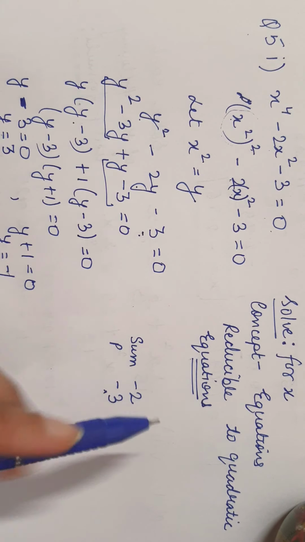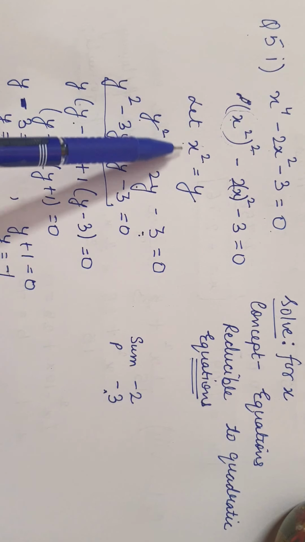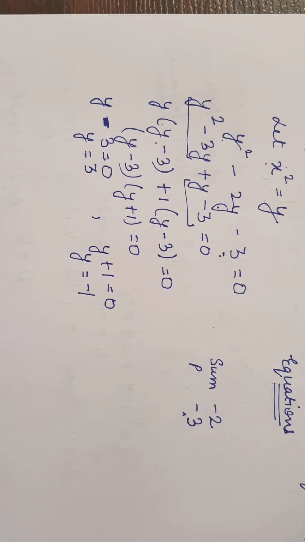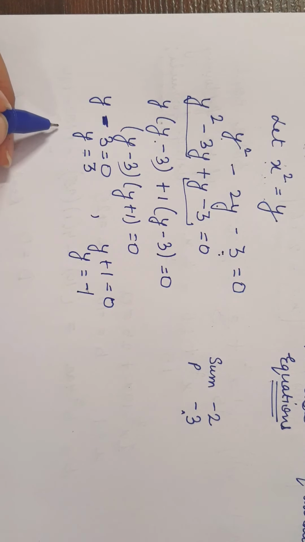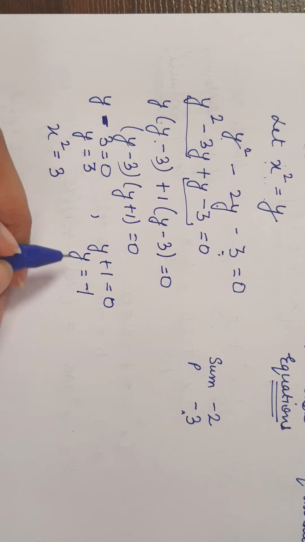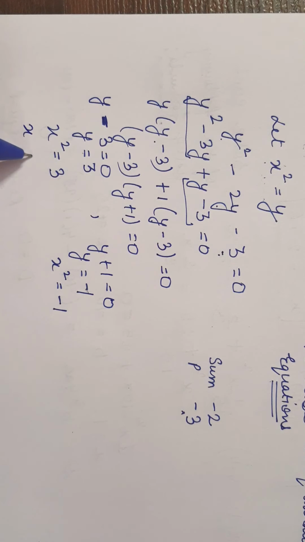But the task actually was solve for x. So now we will substitute the value again. X square equals y, that is 3 in this case, and x square equals minus 1 in this case. So here I can directly get x equals plus minus under root 3, and here x equals plus minus under root minus 1.